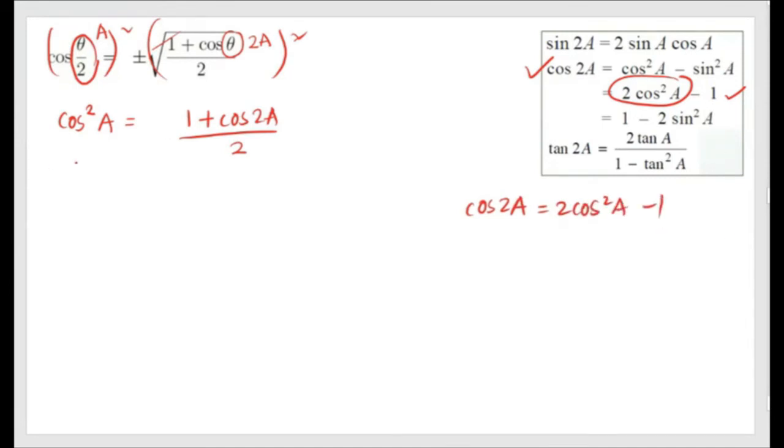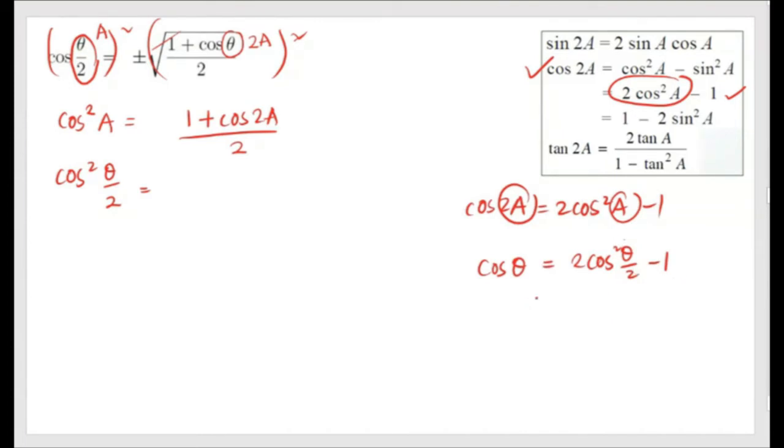What we want to find out is cos square theta over 2 equal to what? So we change it: 2 cos square theta over 2 minus 1. This is theta over 2, this is theta. Cos theta equal to 2 cos square theta over 2 minus 1.